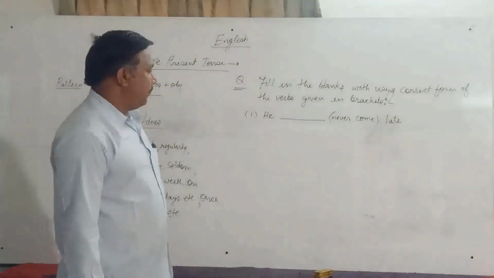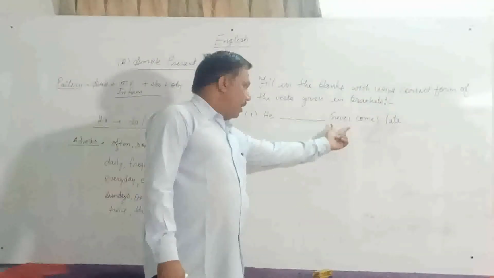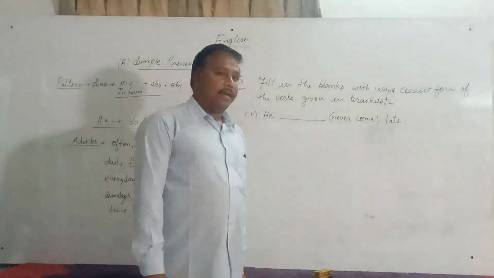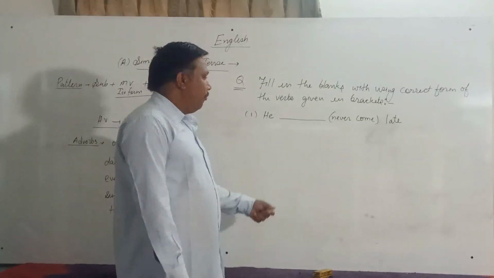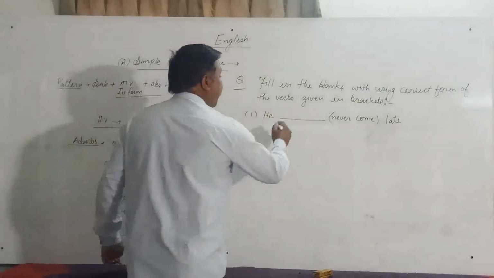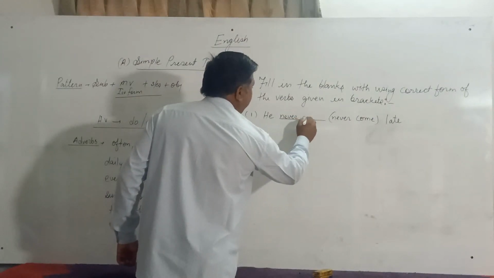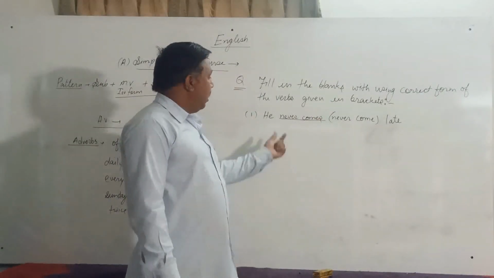Look here, here is an adverb, never. It represents that it's a simple present tense. So we will fill in here the correct form of the verb: never comes. Why do we apply comes here?